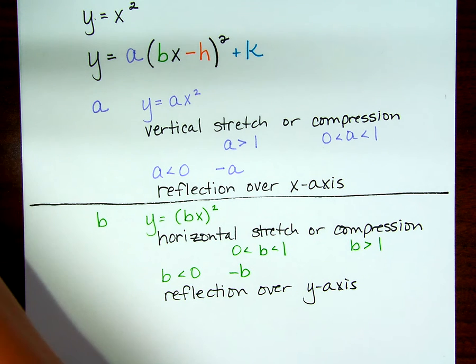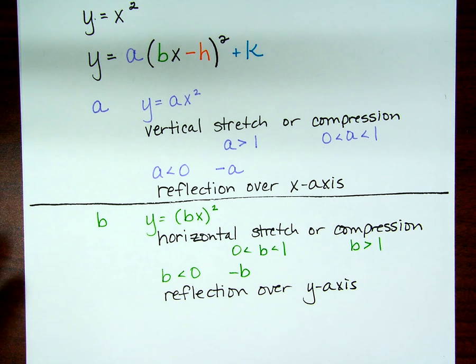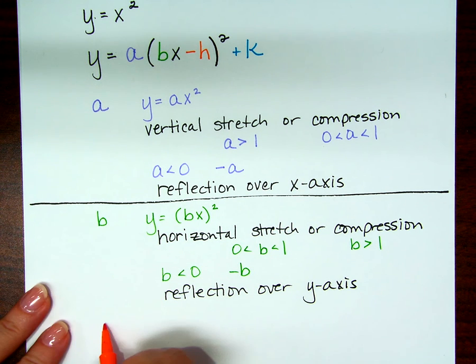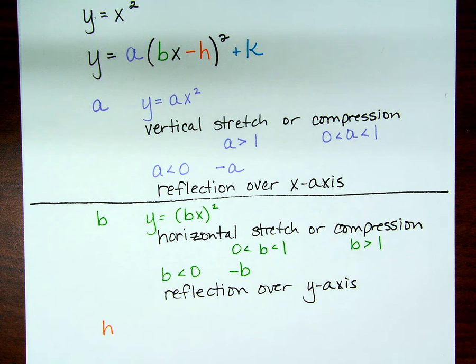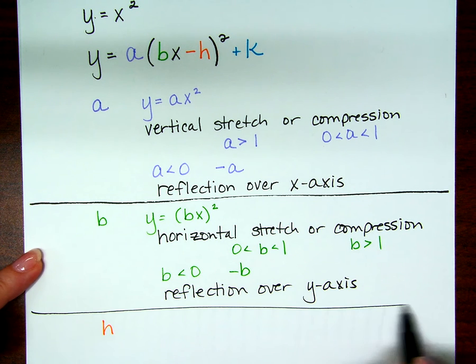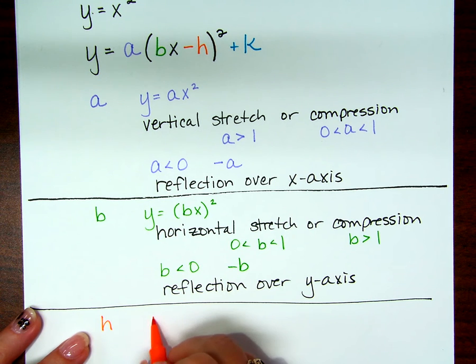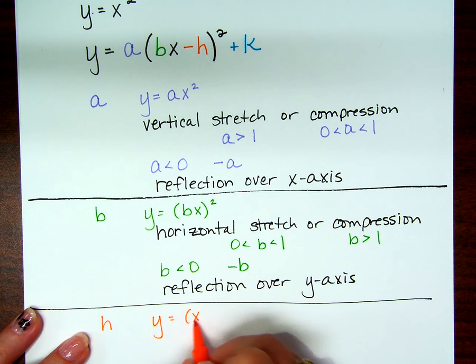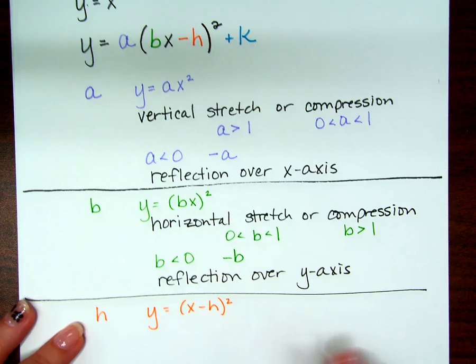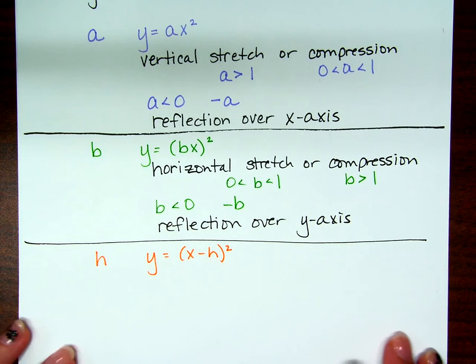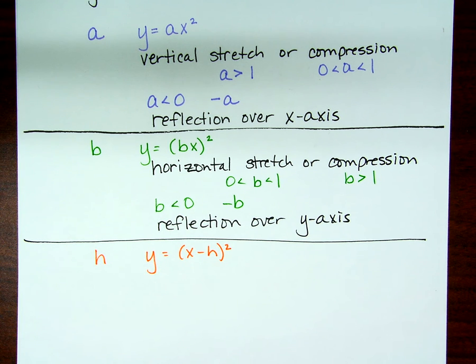H, is that what you want to do now? Okay, if we're doing H now, where is H in relation to the function? Is it inside or outside? It's inside, okay? So if it's inside, what kind of change do you think it's going to cause?